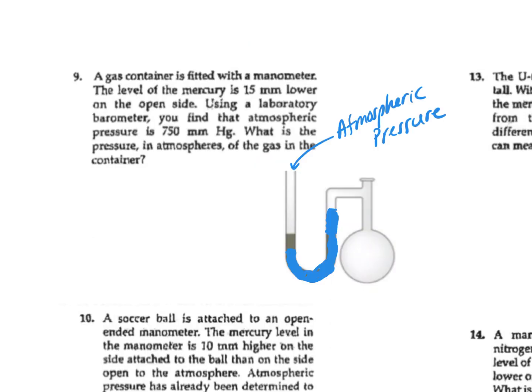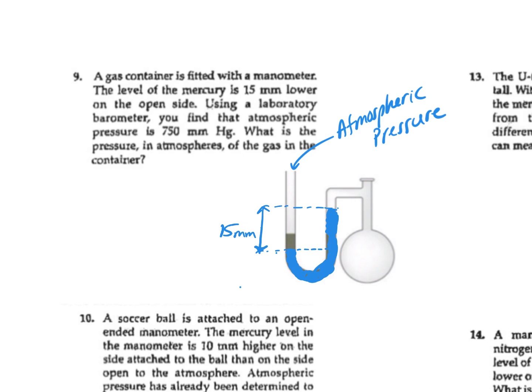You can see that I've redrawn the mercury in blue, and the level of the mercury is lower on the open side and higher on the closed side. It's 15 millimeters higher on the closed side, or 15 millimeters lower on the open side. Same thing. So this is 15 millimeters.